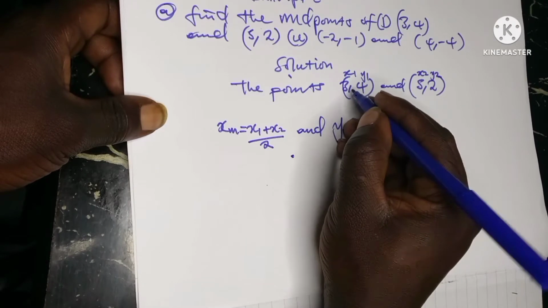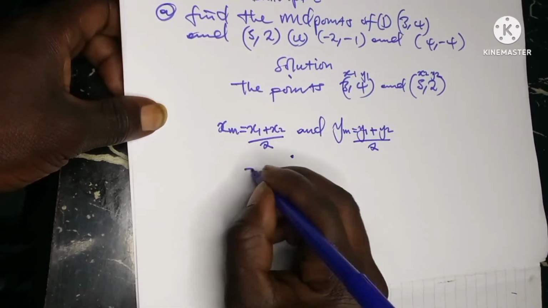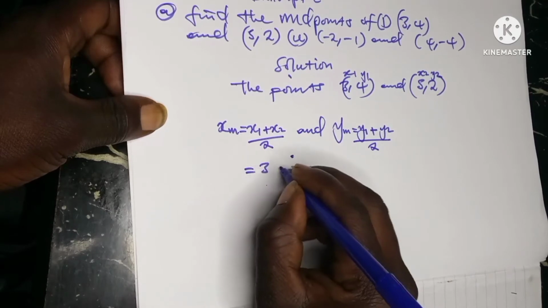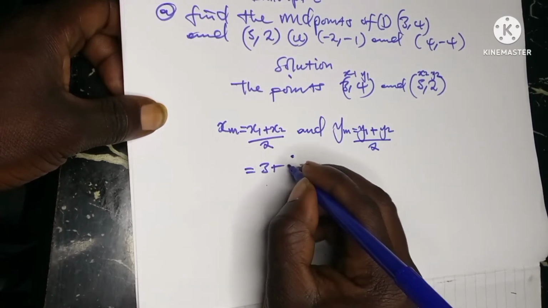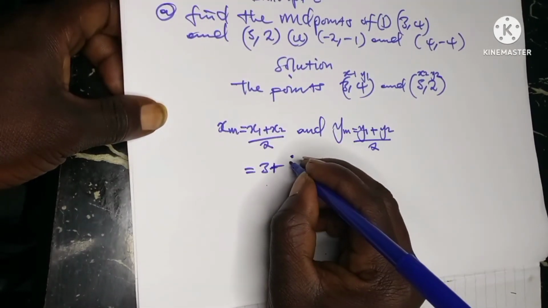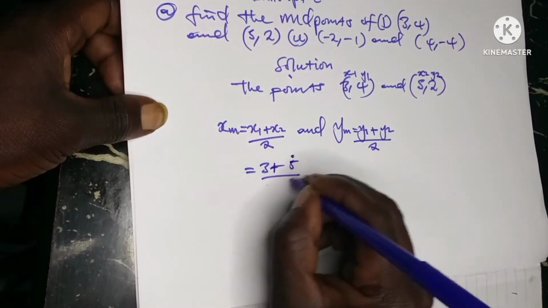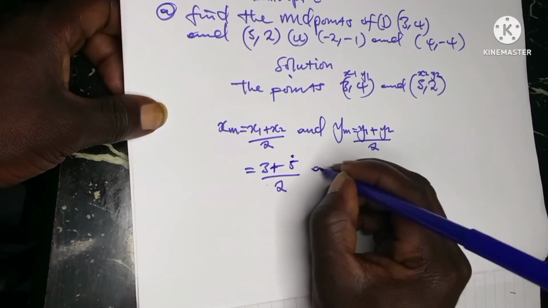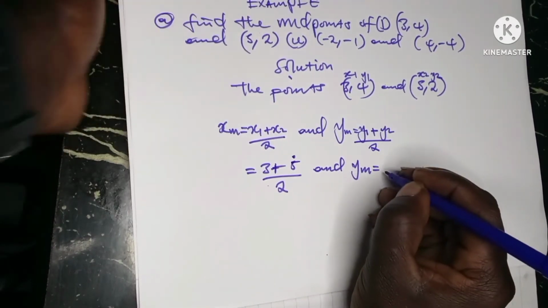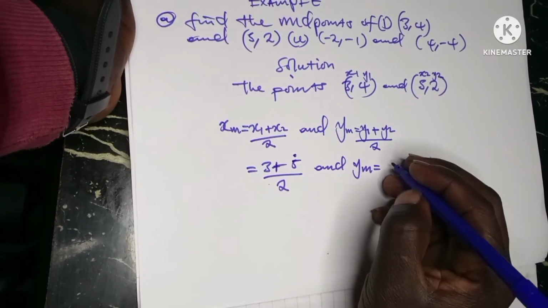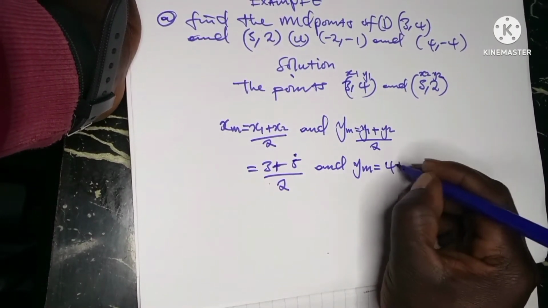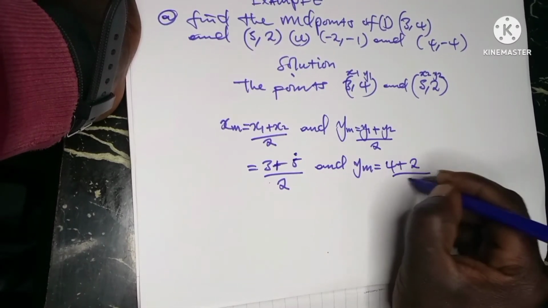Where there is x1 we put 3, which is 3 plus 5 over 2. And for y, ym equals y1, which is 4, plus 2 over 2.